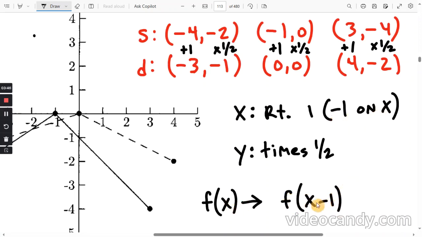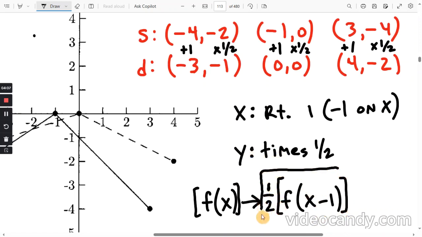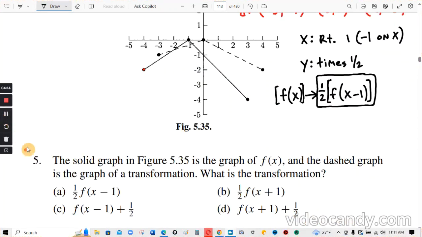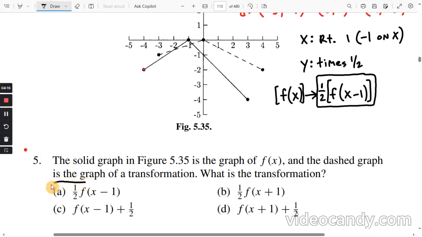All right, we subtract 1 from the x. And the y is times 1/2. Well, this thing right here was the original y. And now this whole thing right here is the new y. All right, and the y is times 1/2. So this right here is the transformation, 1/2 f of x -1. And that is answer A, 1/2 f of x -1.